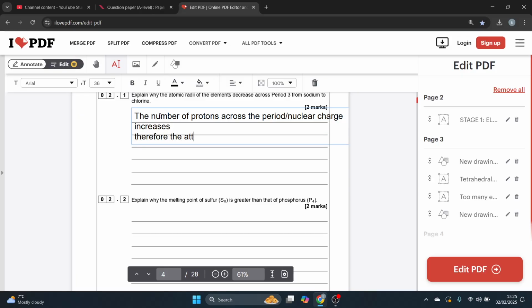Therefore, the attraction between the nucleus and outer electrons increases, plus similar shielding across period 3.